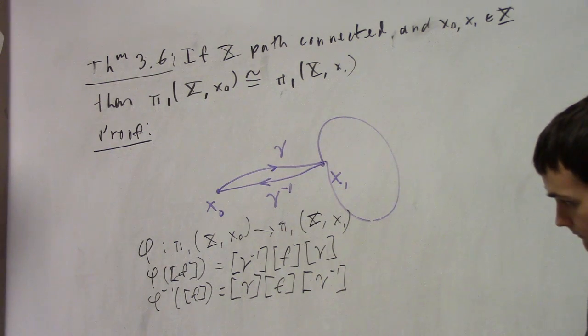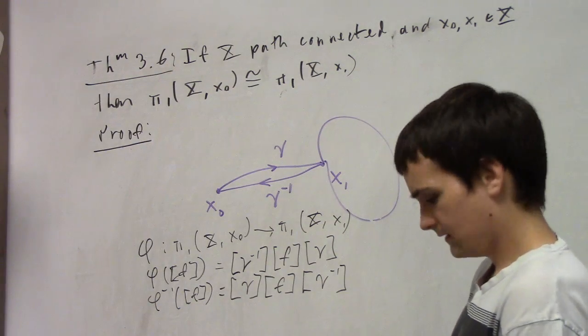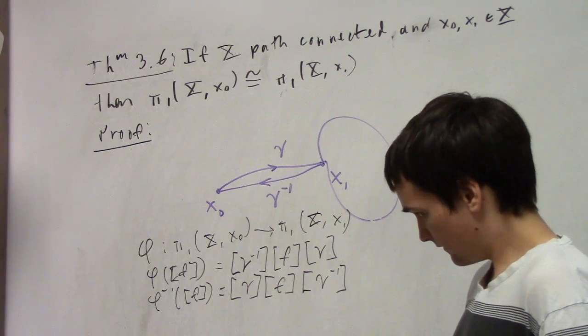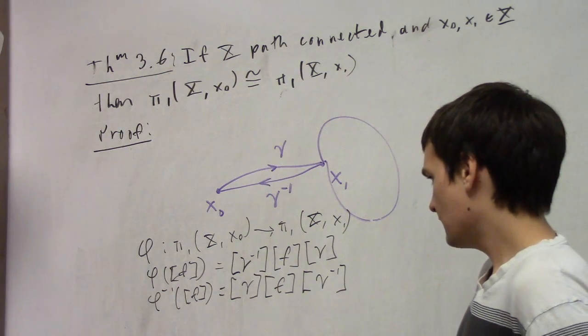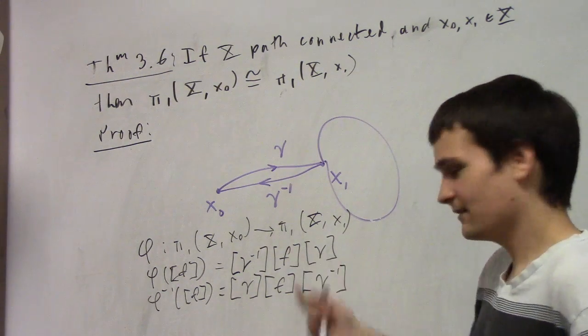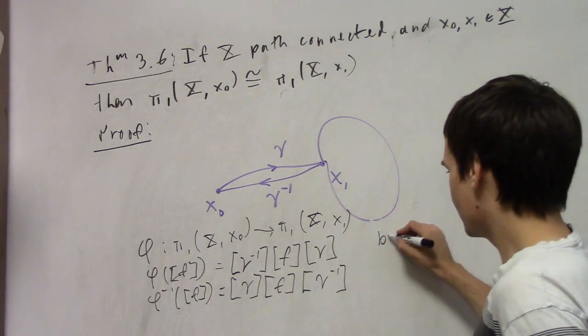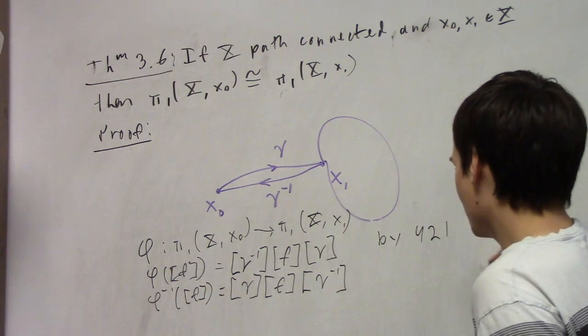And so phi is a group homomorphism. I mean, it's conjugation.